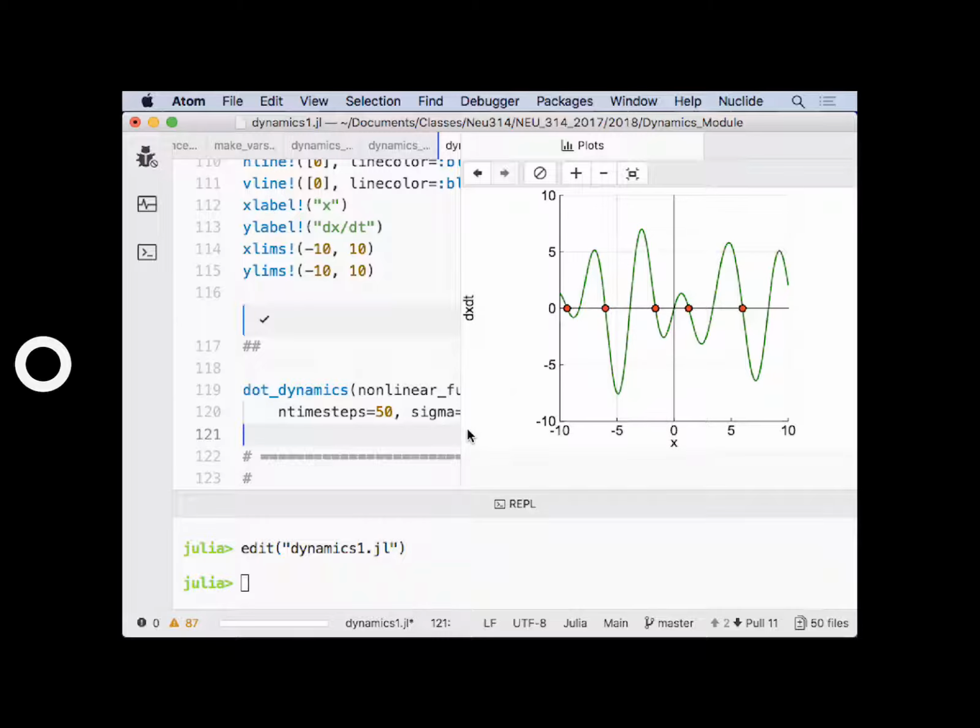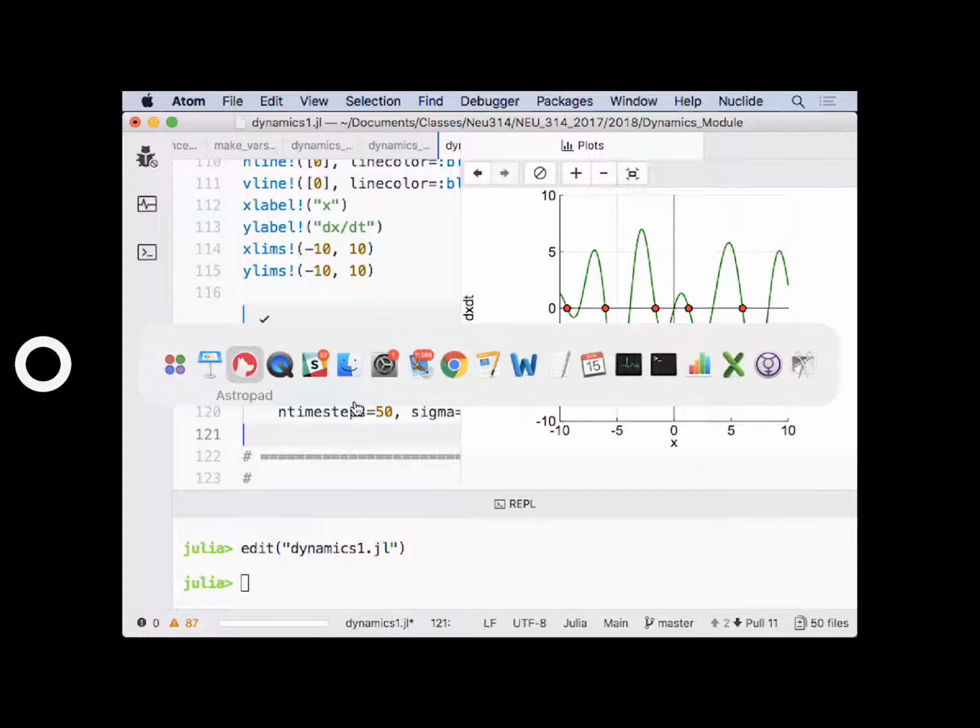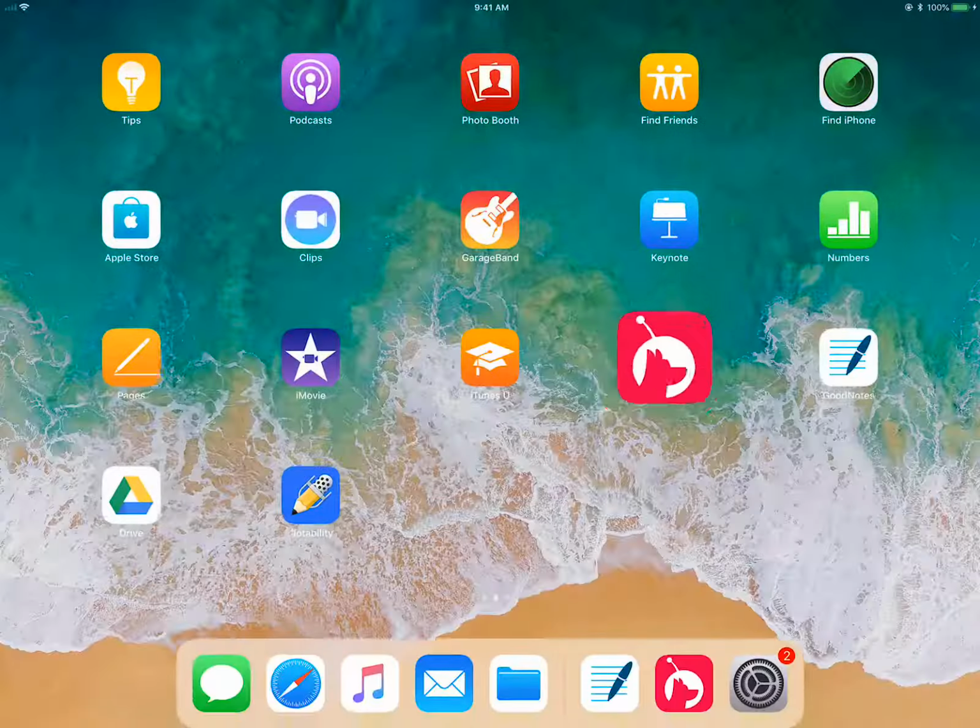Okay, one final note before I let you go, which is how about if we have a complex alpha?